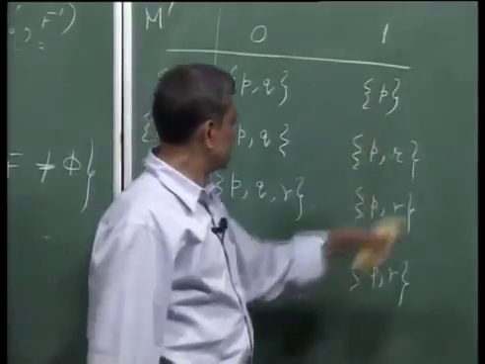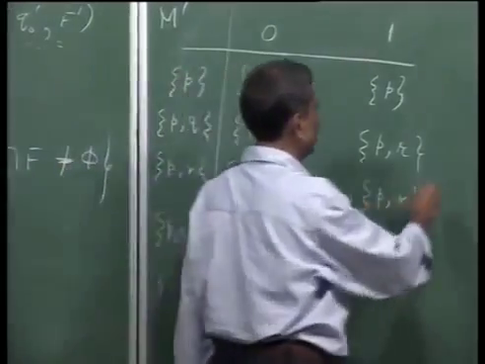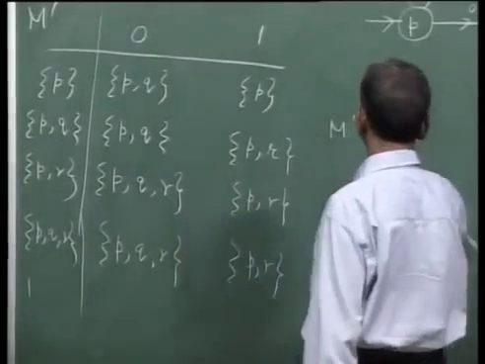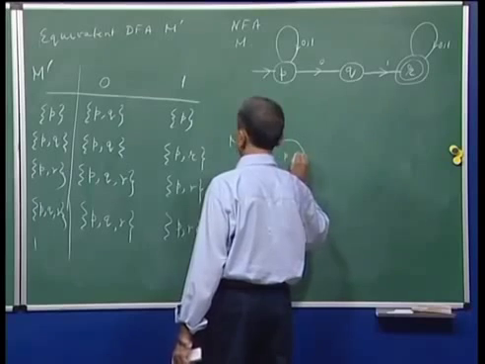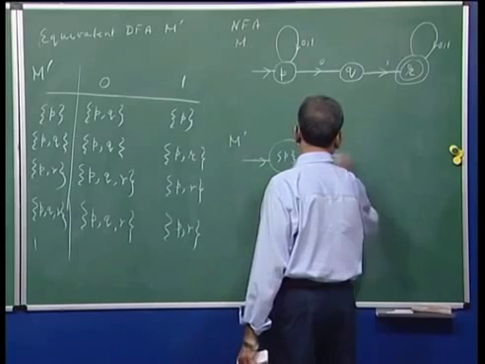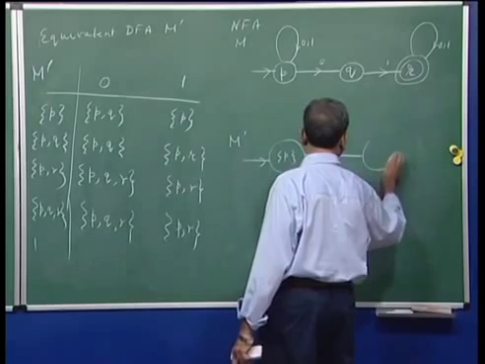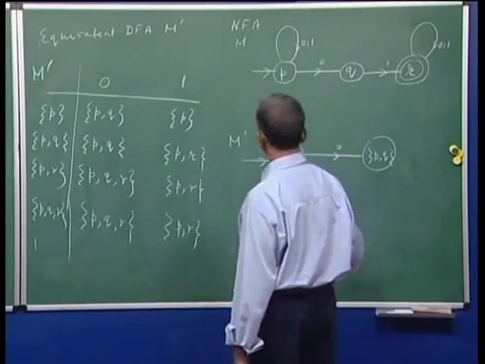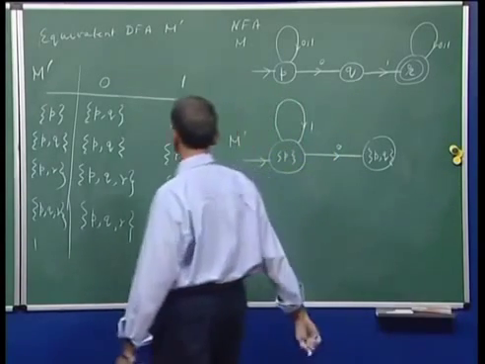Let us draw the corresponding transition diagram for the DFA M dash, and you can see it has 4 states. The initial state is P, and on 0 it goes to a state called PQ, and on 1 it remains in the initial state.